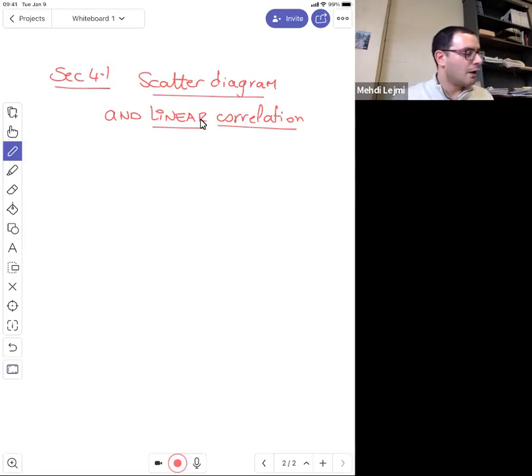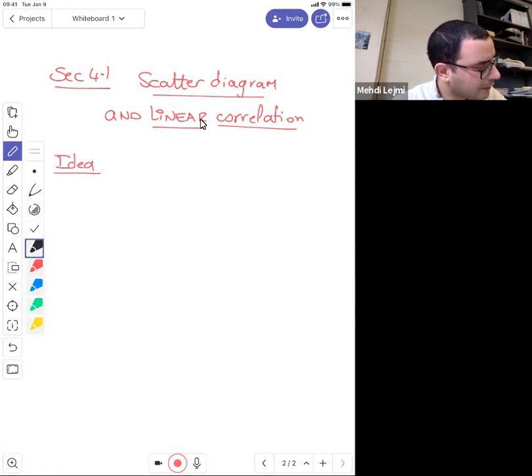First we discussed how to graph scatter diagrams. And then we said there is a numerical measurement, the sample correlation coefficient, that describes the strength of the linear correlation. So we use this number R.